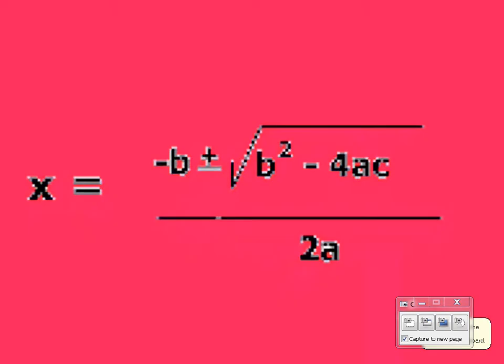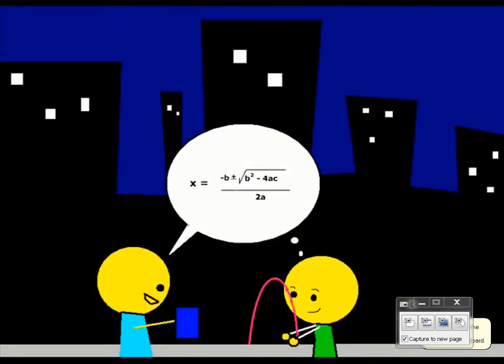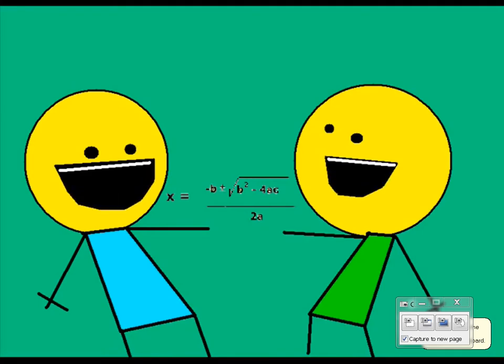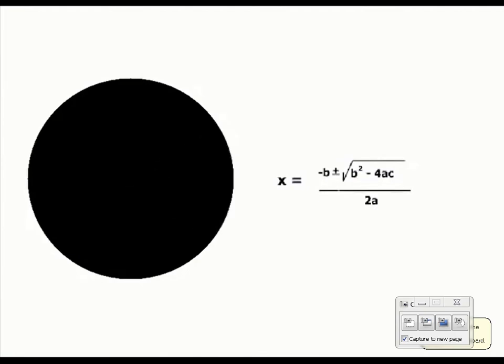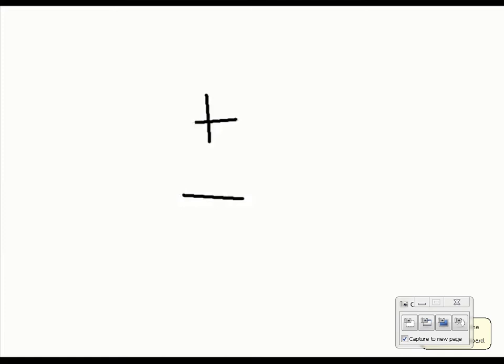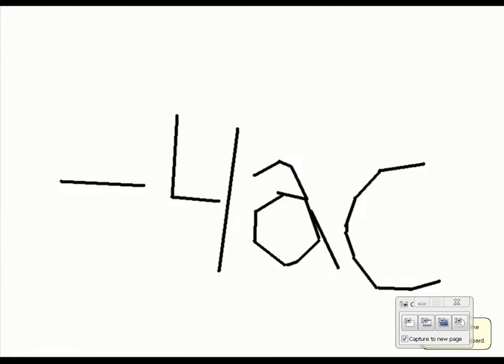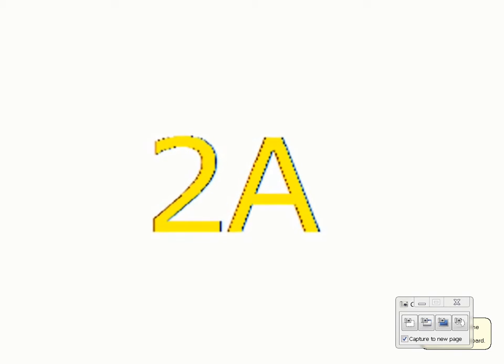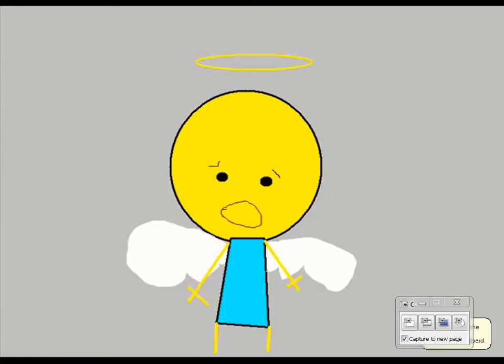Quadratic formula, and it's negative b plus or minus the square root of b squared minus 4ac over 2a. But now my life is over.